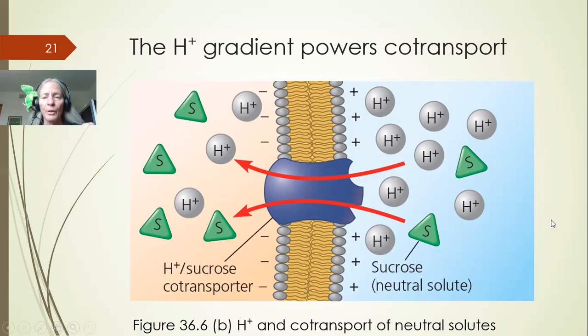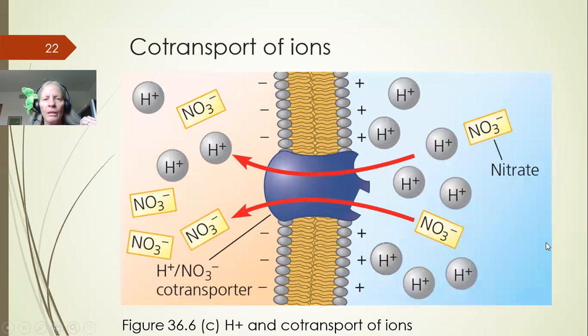So this is an example of using a neutral solute, and this is how cells load sucrose into their phloem tubes for moving sugar throughout the plant. But co-transport can also involve ions, and so in this example we see nitrate again moving against its concentration gradient, from where nitrate is low to where nitrate is high.